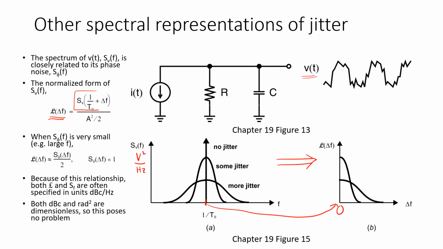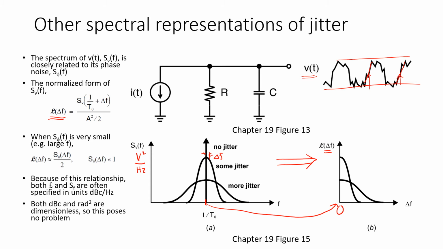Instead of plotting SV, we're plotting SV, but as a function only of delta F, how far away from the mean frequency 1 over T0 we are. Right? So we plot L now as a function of delta F. And the second thing we do is, if we're interested in jitter, mostly we really care about the deviations in the clock phase away from its ideal value. We care less about the amplitude of the sinusoid.